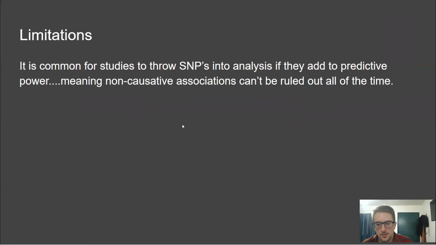Some limitations of the genome-wide association study: the thing that is done is to look at a gene, see if it contributes to explaining a percent of the heritability, and throw it into the analysis and say that this gene is correlated with this phenotype or this trait or this disease.